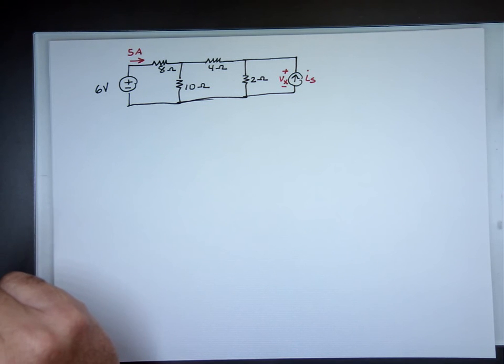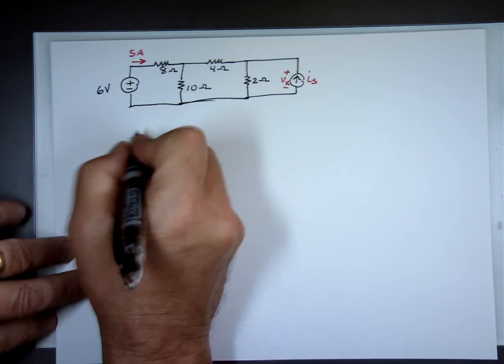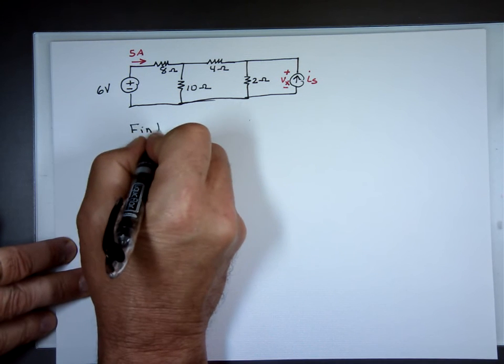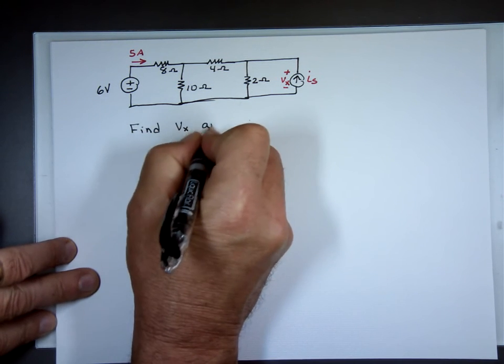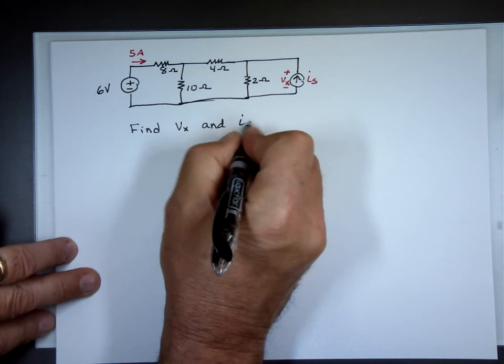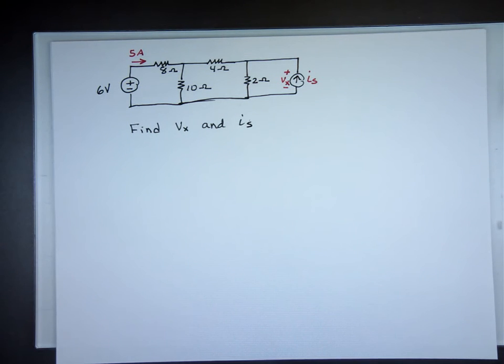Can I find Vx? I'm going to change it. Find Vx and I sub S. I want to find both of these. I know it doesn't ask for this, but maybe I can do some quick calculation.